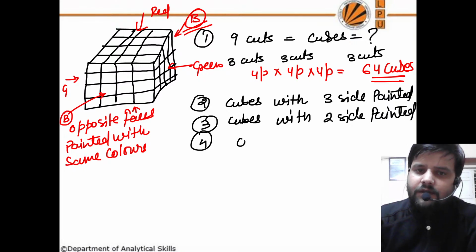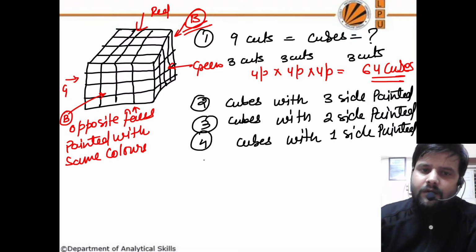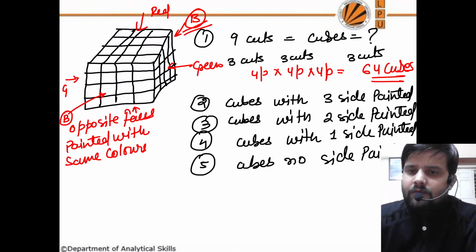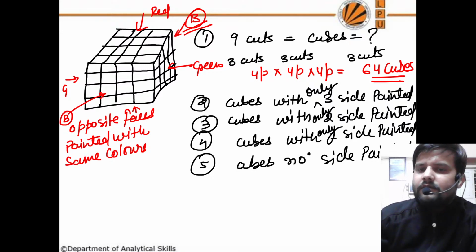Then cubes with 1 side painted. The fifth question they might ask is cubes with no side painted. So only 3 side painted, only 2 side painted, only 1 side painted, and no side painted.